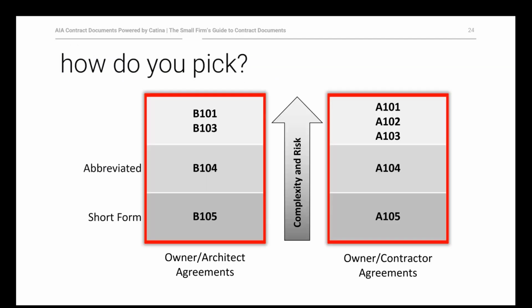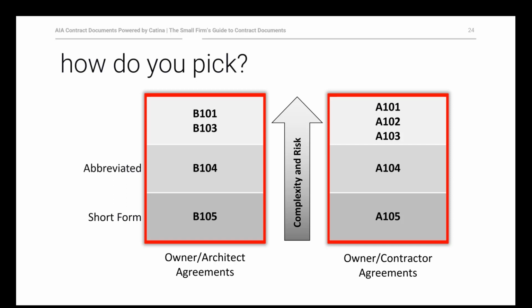So how do you pick? This chart suggests that you pick the documents that work together based on complexity and risk. As you can see, the short form agreements, the A105 and the B105, are for the less complex, low risk projects.